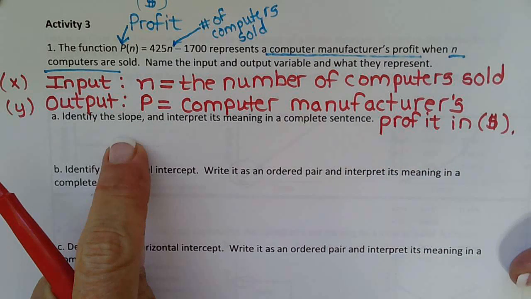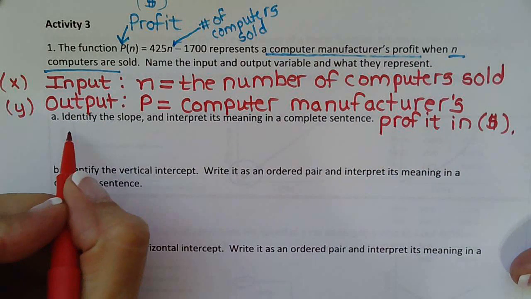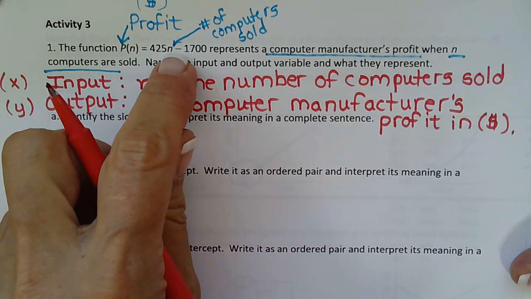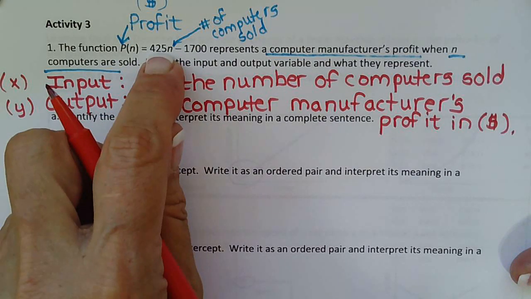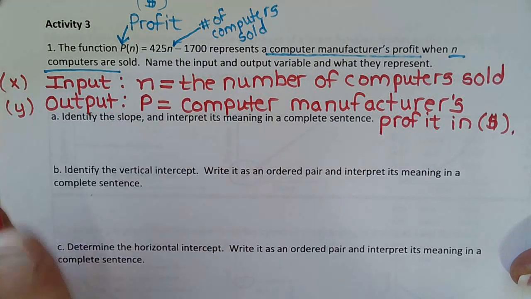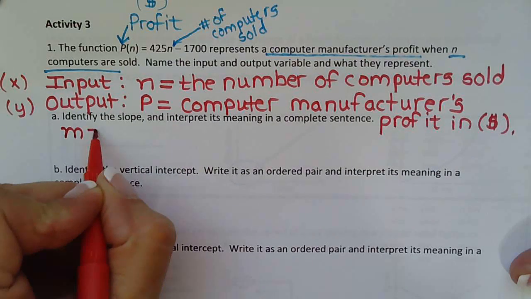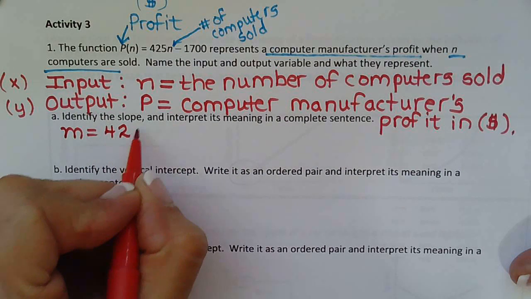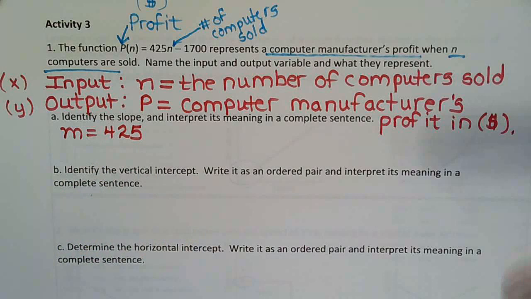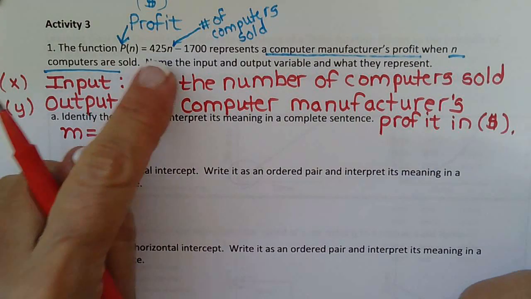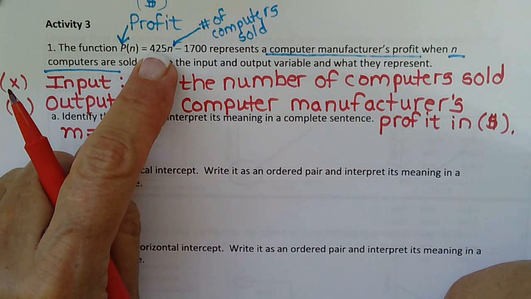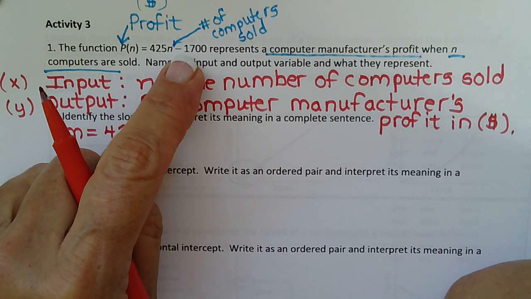Identify the slope. So Y equals mx plus b. So m is always a slope, so it is 425. And what does it mean? So 425 times the number of computers sold.